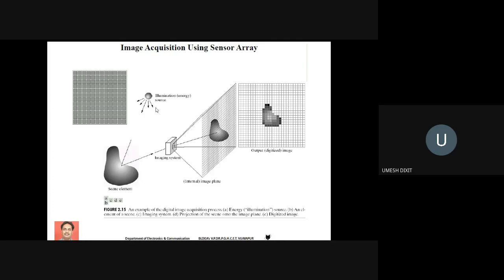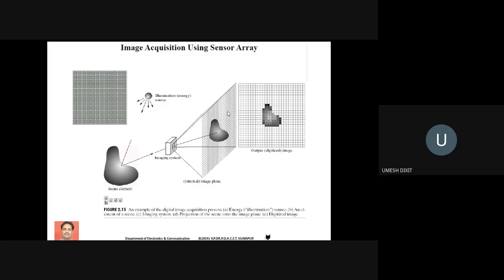So depending on the amount of energy radiated or absorbed, we are going to form the image by using the imaging system. Okay. So that in the internal plane, we are going to get a kind of image depending on the energy radiated or absorbed by this particular object when the illumination is falling on the object.